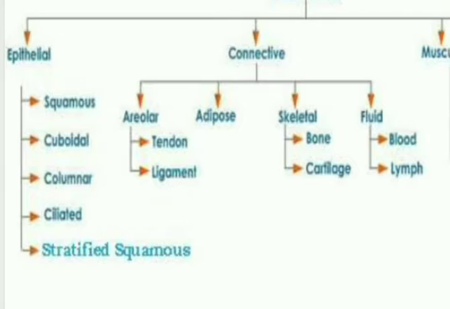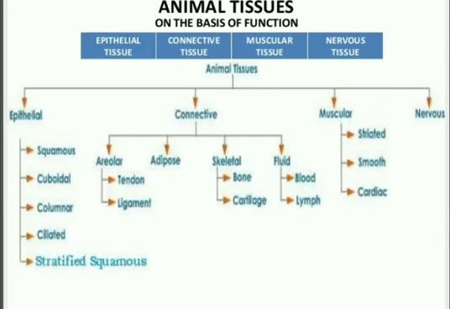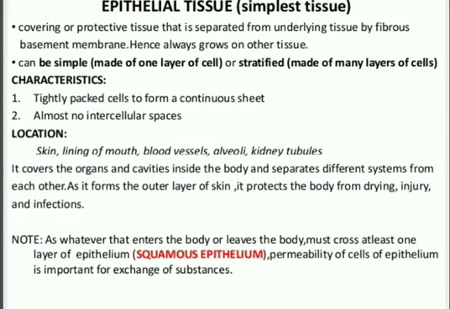Epithelial tissues are the protective covering tissues that are separated from underlying tissue by a fibrous basement membrane. They always grow on other tissue.